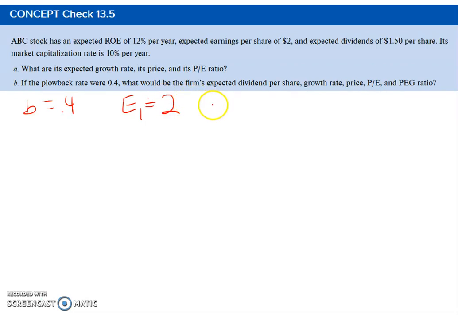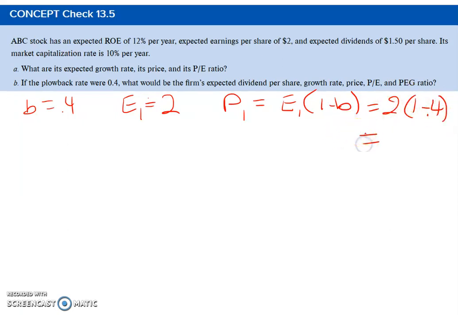And so our D1 now is going to become E1 multiplied by 1 minus B. So that's 2 times 1 minus 0.4. So that's 1.2 or $1.20.